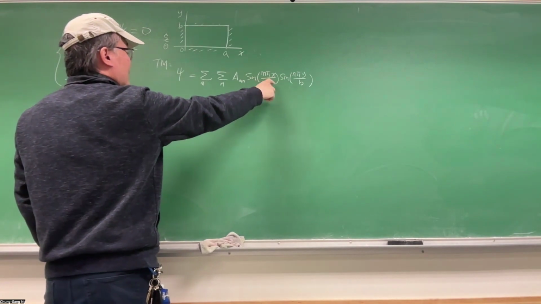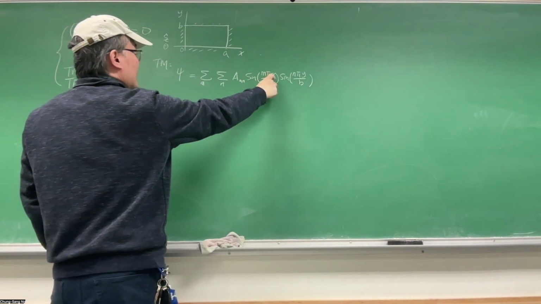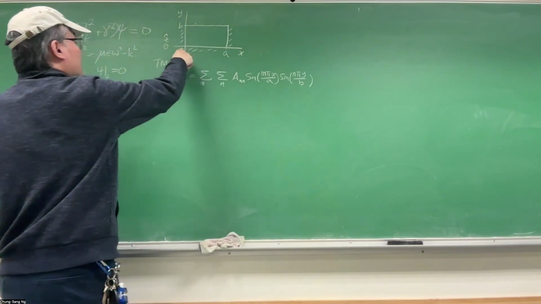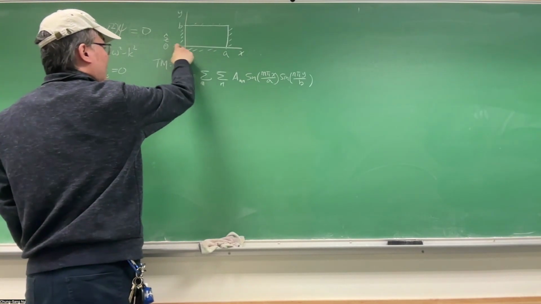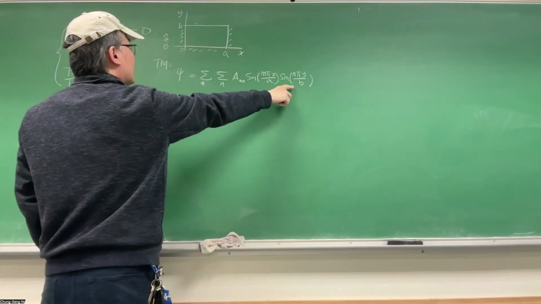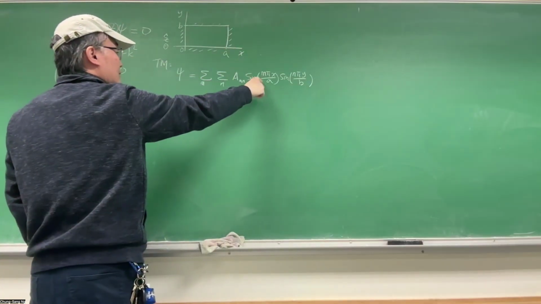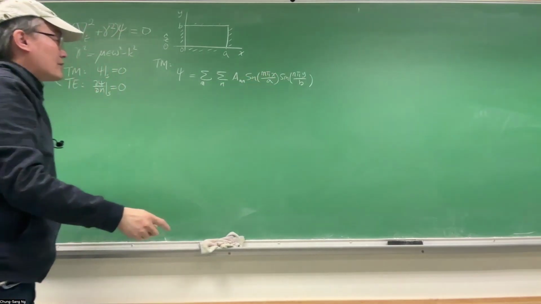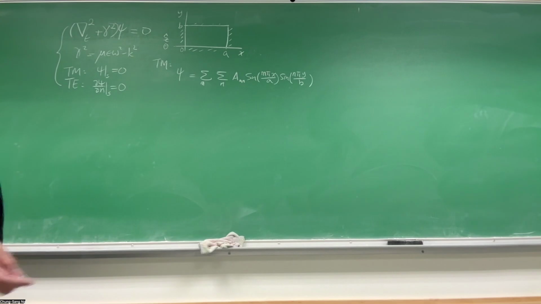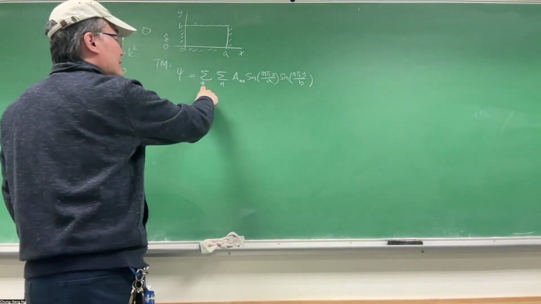Because choosing this form, at the x equals 0 boundary, obviously this is 0. At the y equals 0 boundary, this is 0. At the x equals a boundary, this is sine m pi. Sine m pi is always 0 if m is an integer. So you sum over integers.